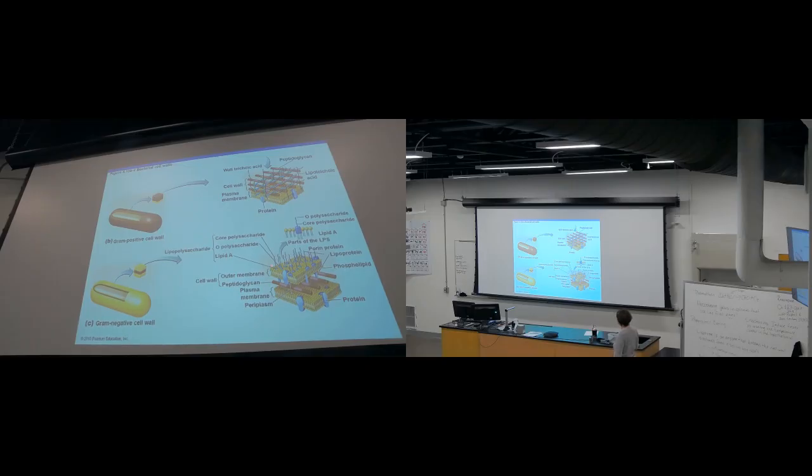In the case of the gram-negative cell wall, it's very thin, 1 to 3 layers, and it's found here between the outer membrane and the plasma membrane. And in this outer membrane, that's where you have the LPS, lipopolysaccharide, that has this lipid A portion. It has this core polysaccharide, and at the tip, it has the O polysaccharide or the O antigen.